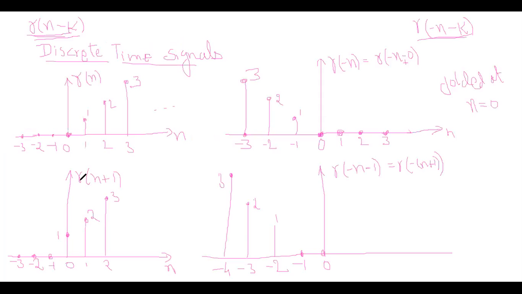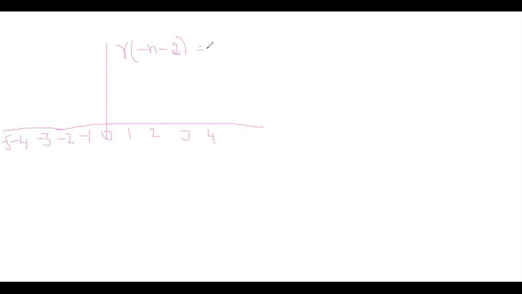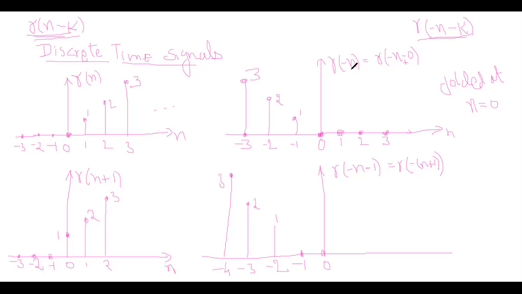So what happens here? The r of n plus 1 becomes r of minus of n plus 1. Now it is r of minus of n plus 2. Okay, r of minus of n plus 2 with r of minus n you can draw.